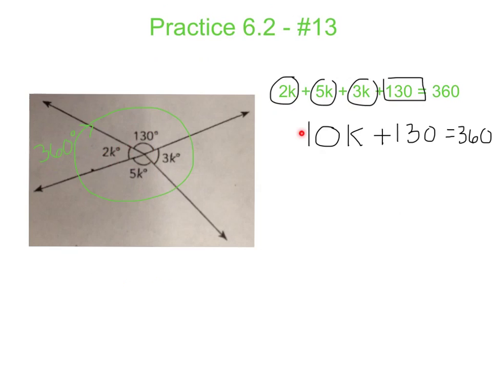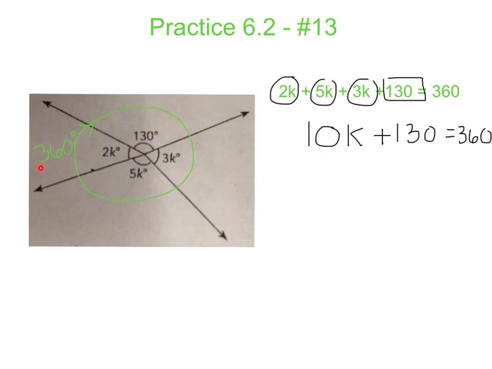There are different ways we can solve this two-step equation, but since I am trying to find my k, and I know that there's 360 in total, I'm going to take away 130 degrees from that 360 to see how much I have left.